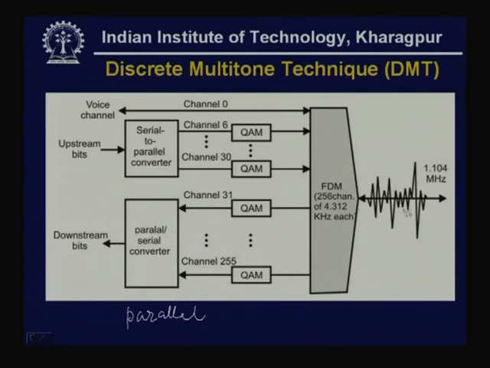And this is where, at the end of this frequency division multiplexer, you have got 256 channels which are combined, each having a bandwidth of 4.312 kilohertz, giving you a bandwidth of 1.104 megahertz. These frequency division multiplexed signals can be sent through the twisted pair of wire from home to the telephone exchange using local loop.